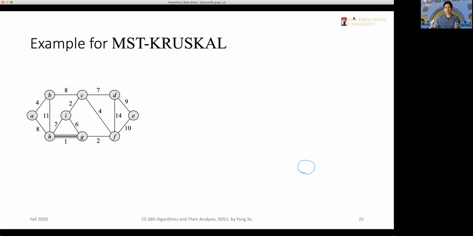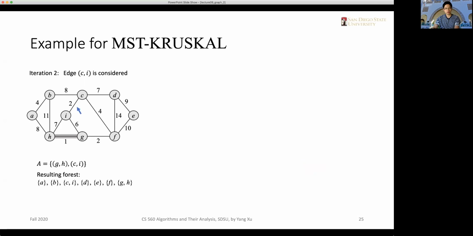In the second step, we'll look at the next smallest edge. There are 2 options: IC or GH, and actually we can also go through GH, but this time the example shows that IC will be selected. But it doesn't matter. Selecting IC will add IC into A. So now we have 2 edges, and I and C will be merged into one set here.